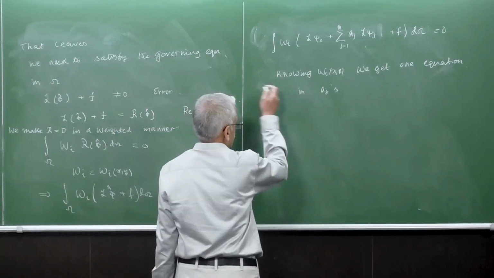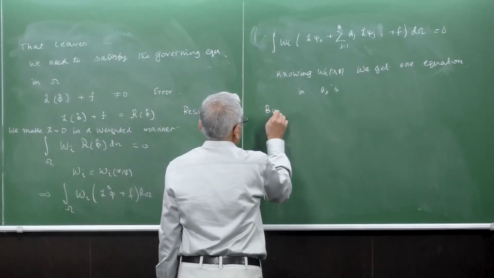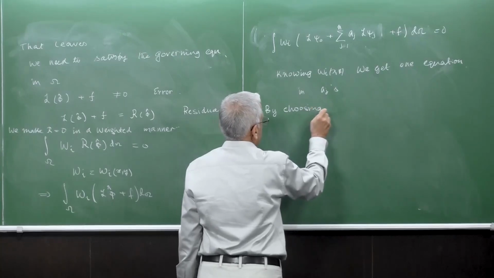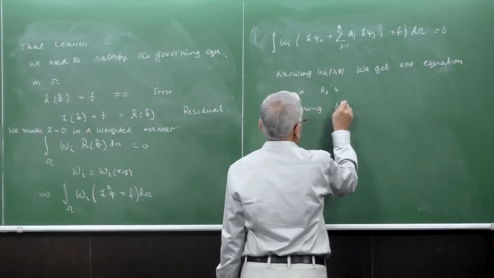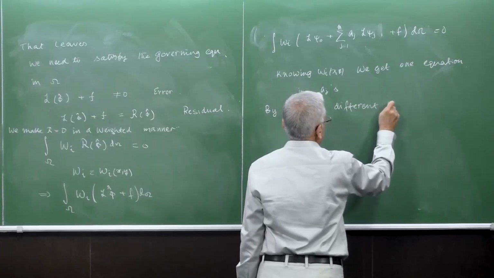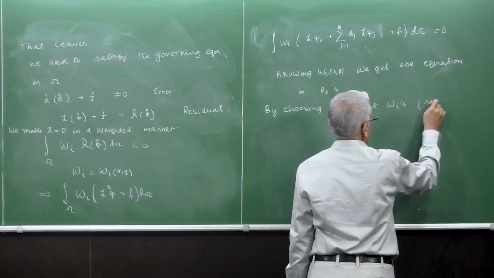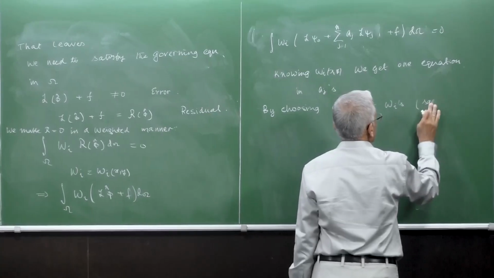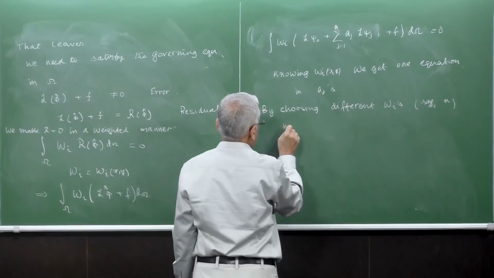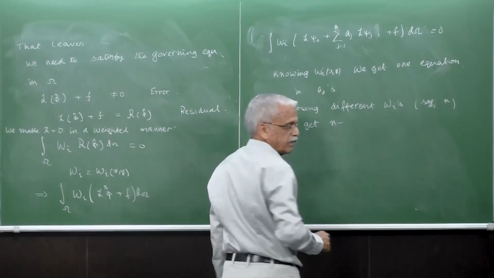We are going to talk about this a lot more. By choosing different w i's, say n of them, we get n simultaneous equations.